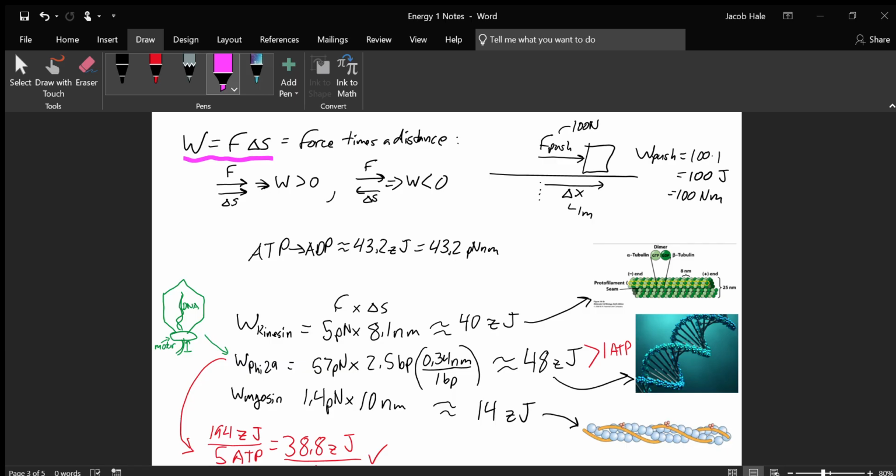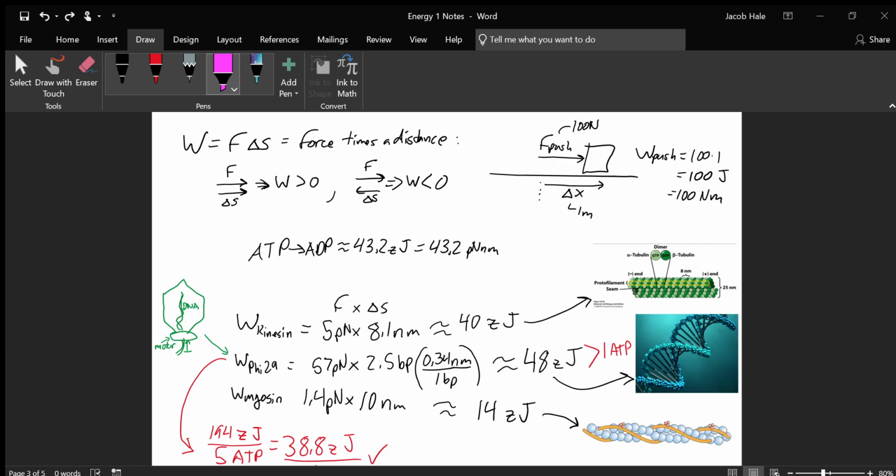And so we can define work. The definition of work ends up giving us that it is equal to force times the distance traveled. Okay, so let's take some examples.